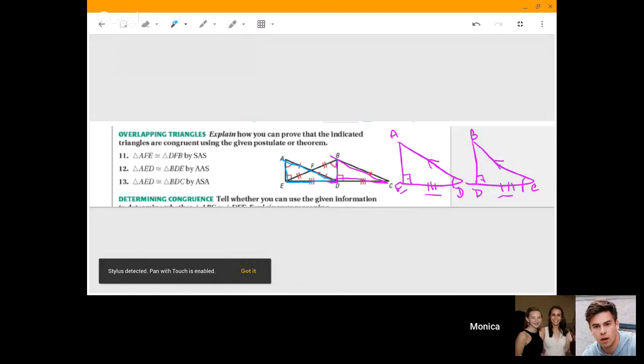So when we have two parallel lines, look and see if you have a transversal. In this case, here's your transversal, okay? Now, my drawing is not very straight, but this angle here and this angle here are the ones that we have to prove for angle, side, angle, right?